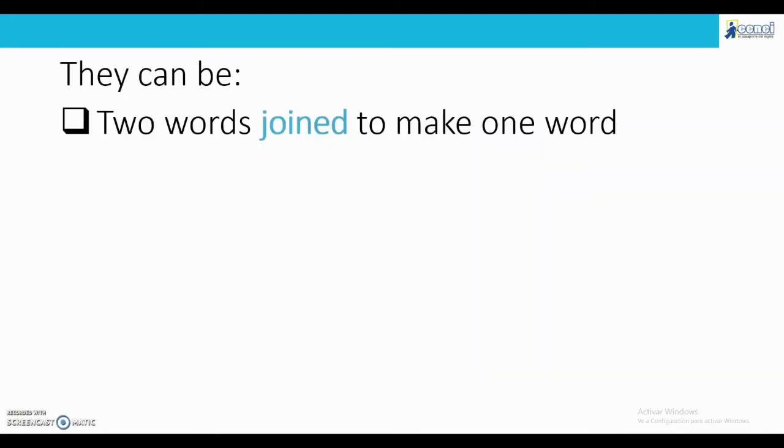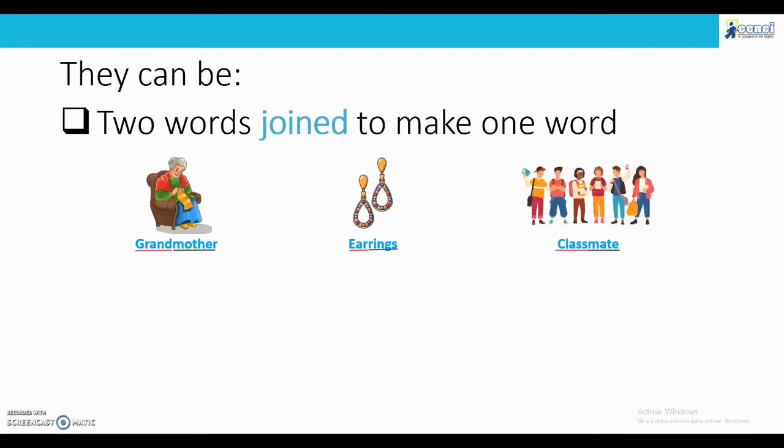As you could see, compound nouns are more common than what you think, and I'm sure you have heard a lot of this before. But now, what are compound nouns? Well, they can be two words joined to make one word, like for example, grandmother, earrings, or classmate. If you look at the word earrings, you can see that there are two words.